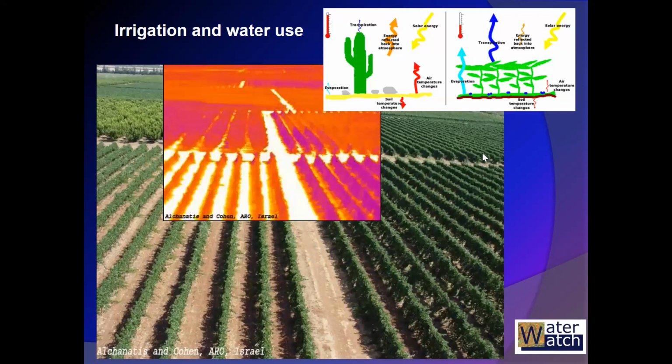This, for example, is an illustration of how we would use our evapotranspiration algorithms, for example SEBS or CBEL, in order to estimate the evapotranspiration of different crops in an area. We can see from the imagery here that we can distinguish the different crops.